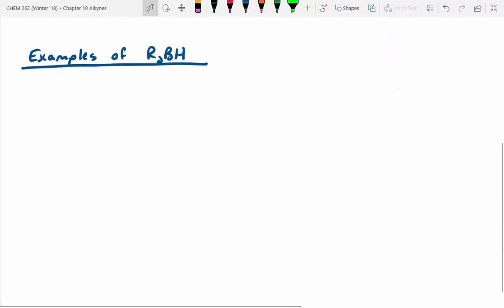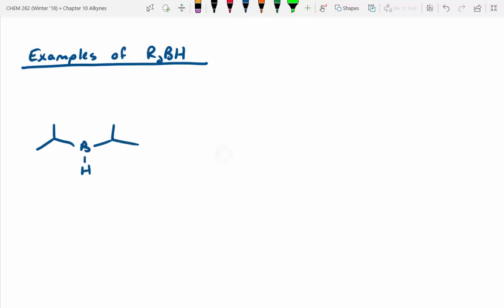So the first one looks like this. This is disiamylborane. Looks pretty dang bulky, right? Let's take a look at the other one.